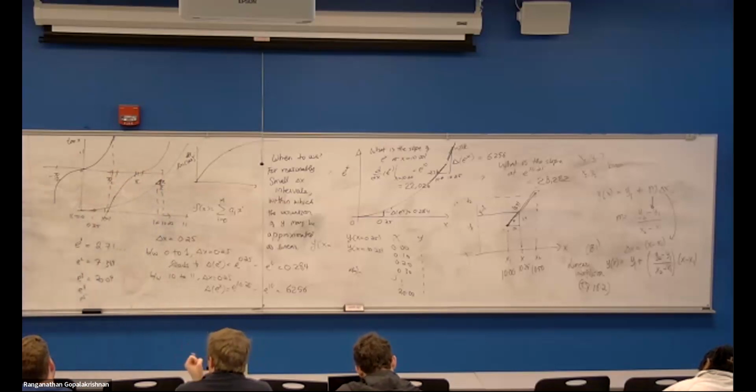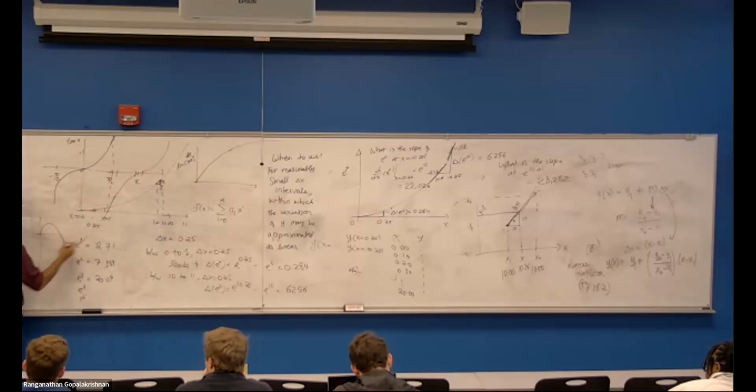Yes. Would we also mention sine and cosine functions for that? Sine and cosine functions are better behaved. So this is your sine function. This is your cosine function. You can always chop them down into small intervals such that they look linear in that interval.